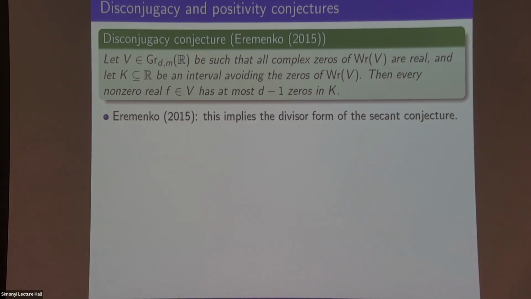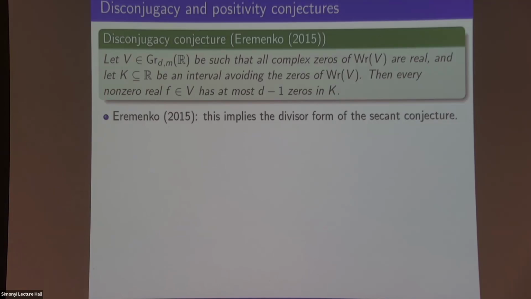So now what I'm going to talk about is a couple of more conjectures, which are increasingly stronger. The first one is a conjecture of Eremenko from 10 years ago, which we call the disconjugacy conjecture.